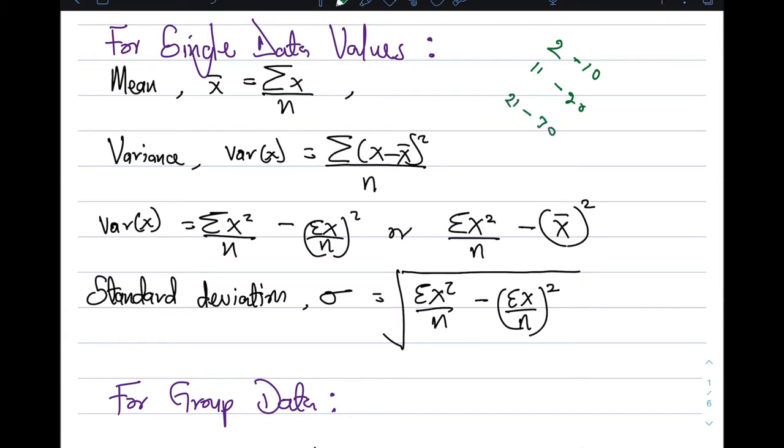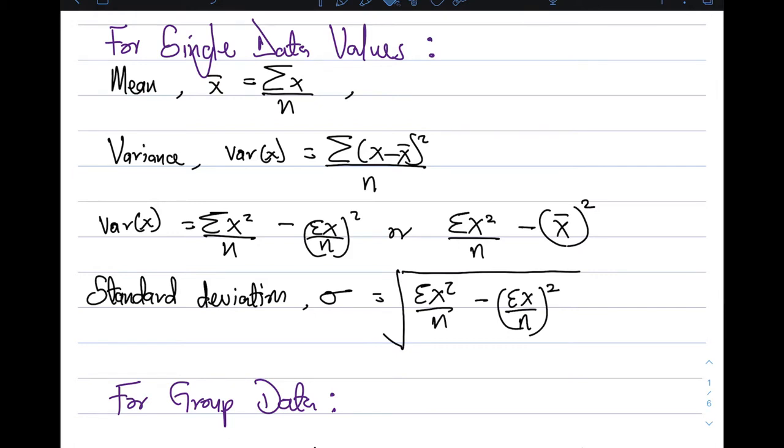Given these intervals, maybe we get 3 people here, 5 people here, then finally maybe 7 people here. So that is the group data we are talking about. This is the observation that has been grouped. But in this lesson, I'm going to focus mainly on the single data values. I just wanted to talk about group data so that you know that it is out there. In our subsequent lesson, we will talk about group data.